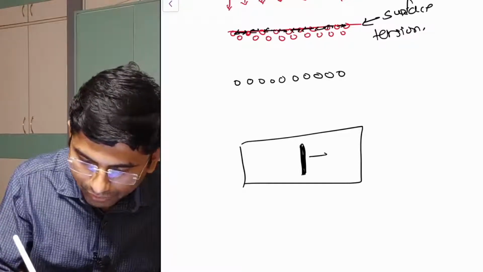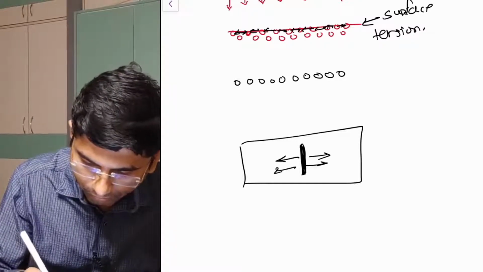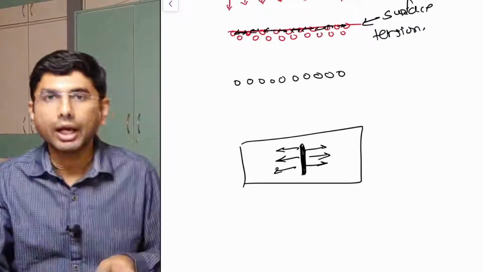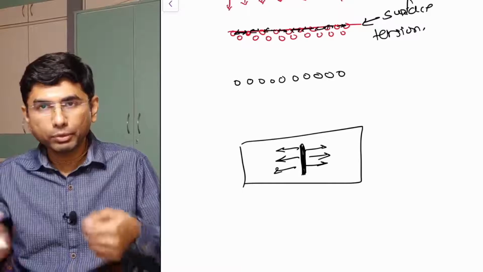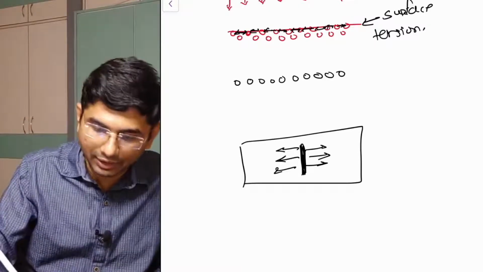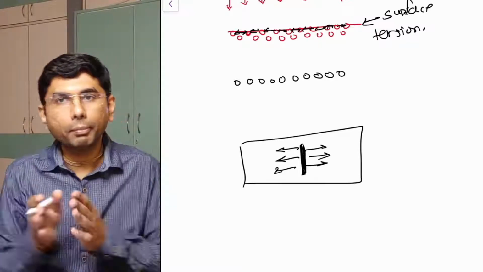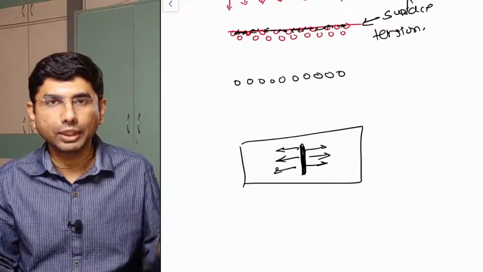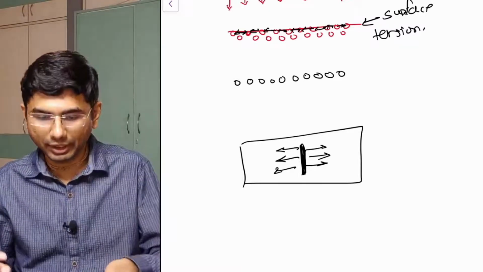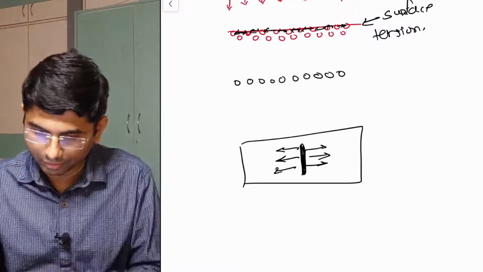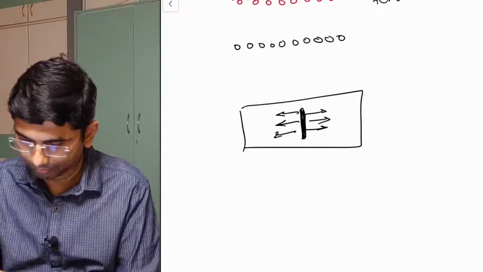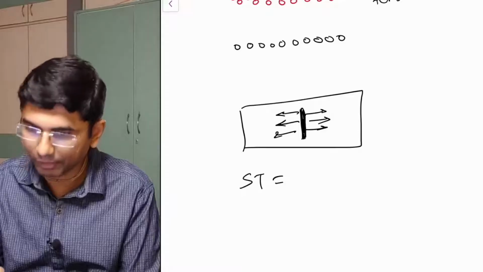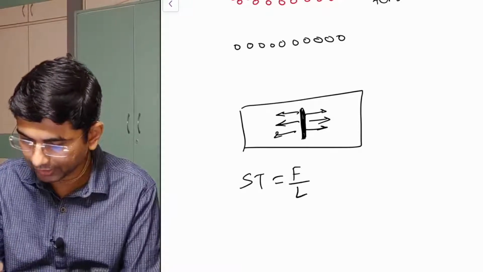I am having a force in these directions, and because of that force there is a tension which is created. On this length, perpendicular to that length, I am applying a force, and that force results into tension. Therefore the surface tension can be written as force upon length.